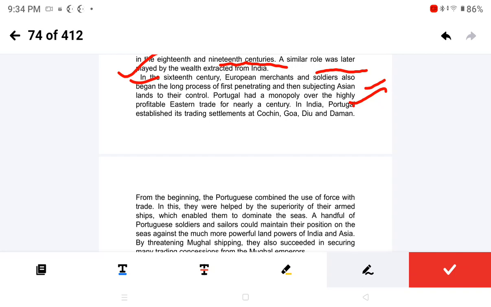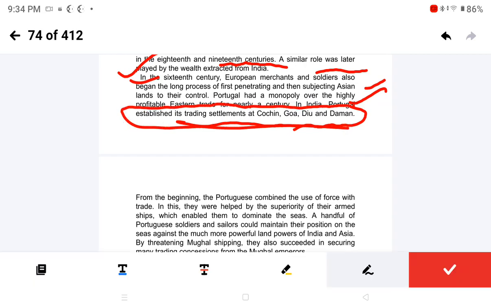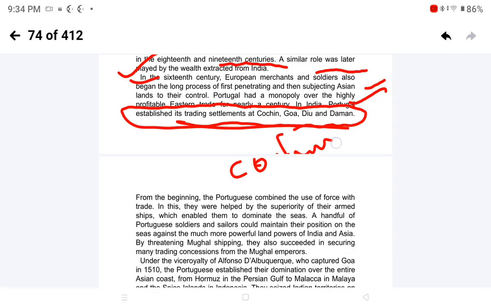In India, Portugal established its trading settlements at Cochin, Goa, Diu, and Daman. First, Portugal settled in these places of India. What are these places? Cochin, Goa, Diu, and Daman.